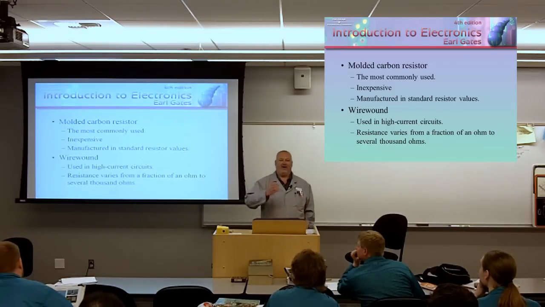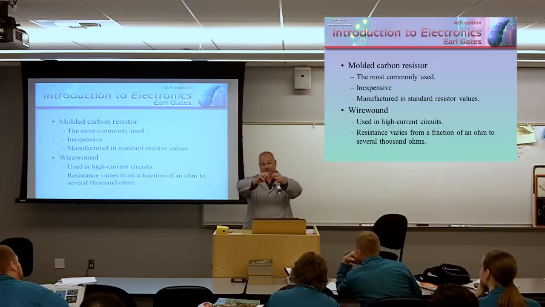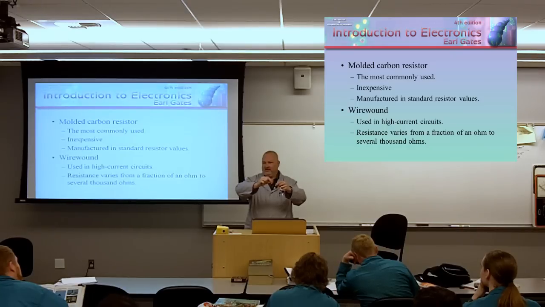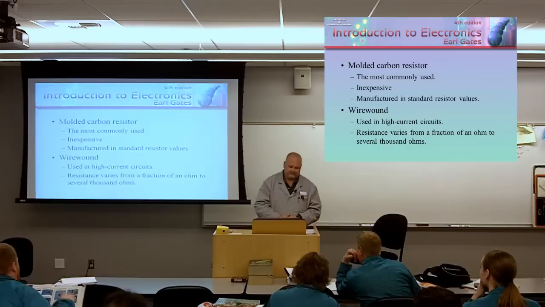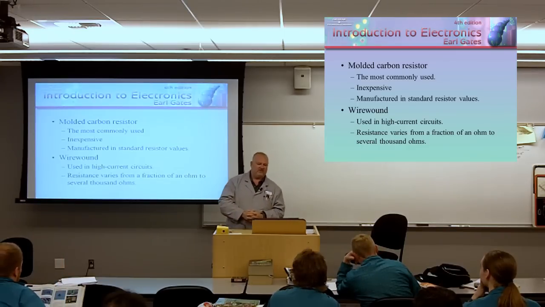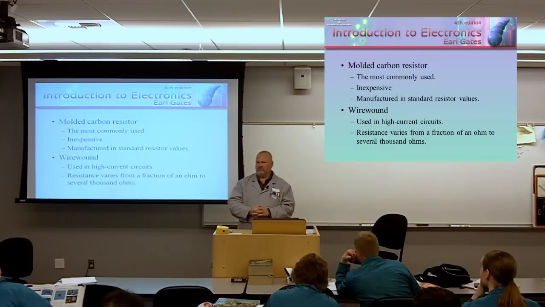Because we know that wire has resistance. So if I get a certain amount of resistance in one turn, then I can make another turn and get twice the amount. And it's literally how it works. The resistance of these varies from a fraction of an ohm to several thousand ohms.